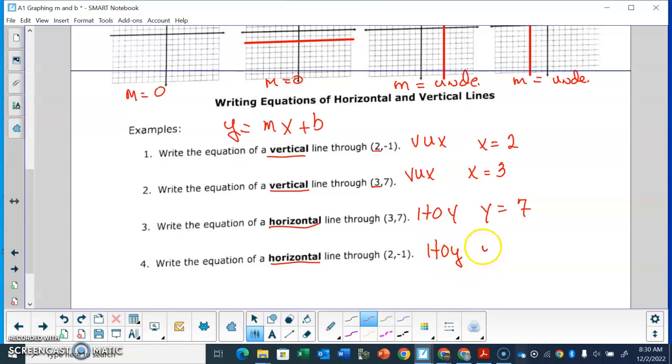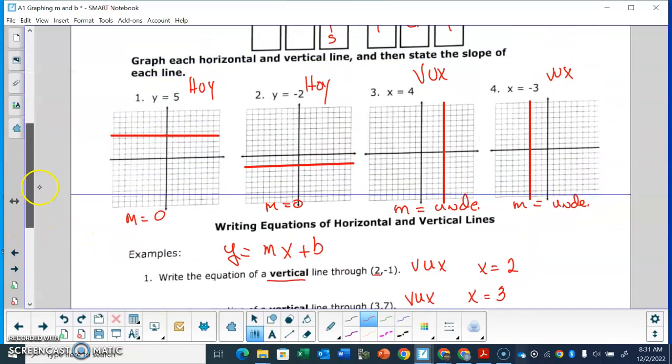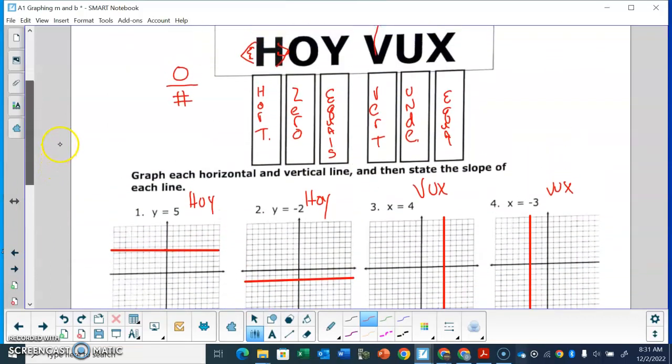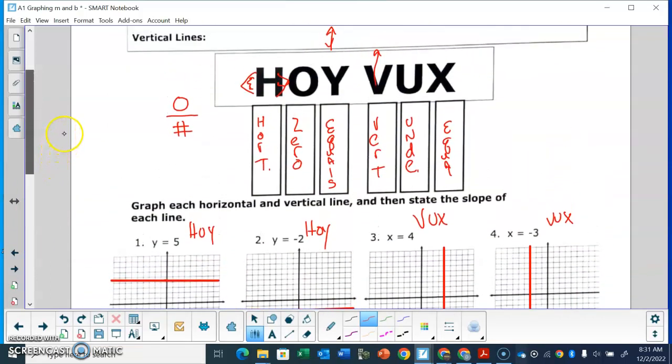So once again we have y equals, in this case it's -1. So that's how you write the equations of vertical and horizontal lines, and that's how you graph vertical and horizontal lines. The trick is we just have to remember HOI and VUX.